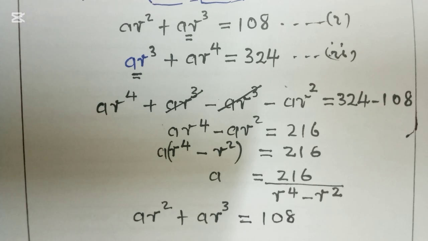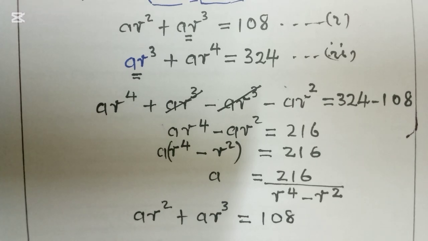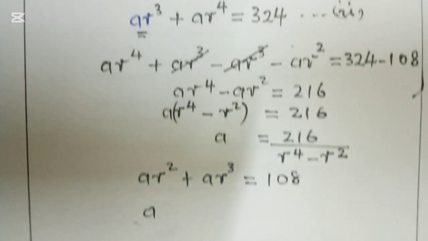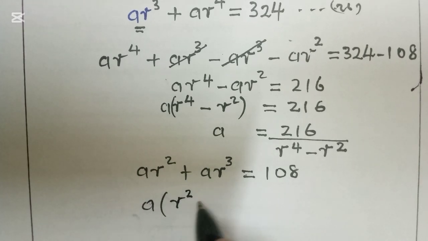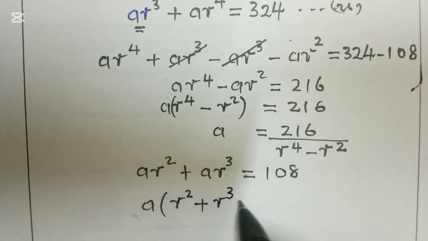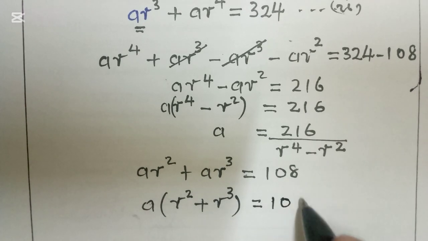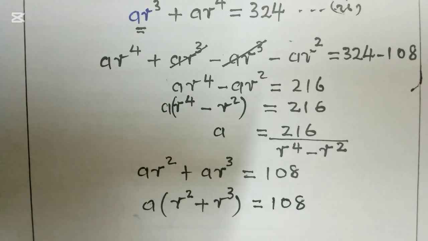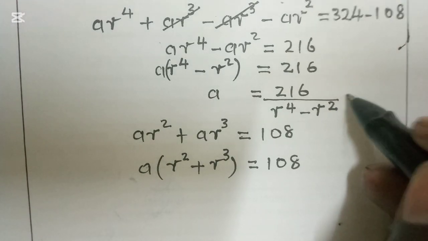We can factor out A, and we have A(R^2 + R^3) = 108.